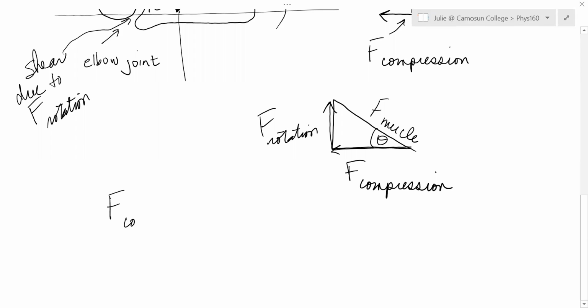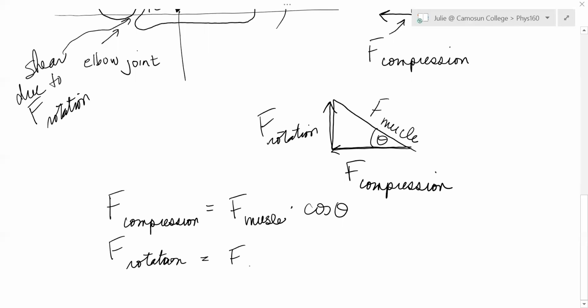So the compression force, that component, would be F muscle times cosine of theta. And the rotation part of that force, that will cause you to do the bicep curl, would be F muscle times sine theta.